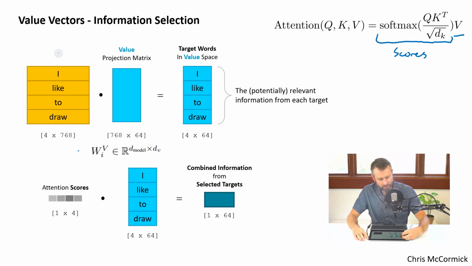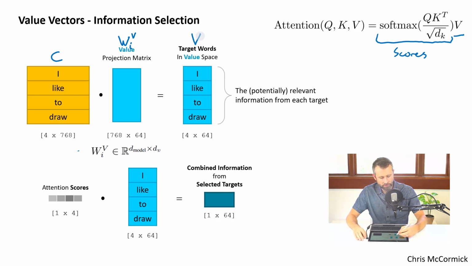So these are our target vectors, calling this C. And then we've got the projection matrix for the value space. So we use W for those, and this one's the value space. And then again, there's one of these for each of the 12 heads in this example. So we'll denote the head by I. And then these are the value vectors, call those V.